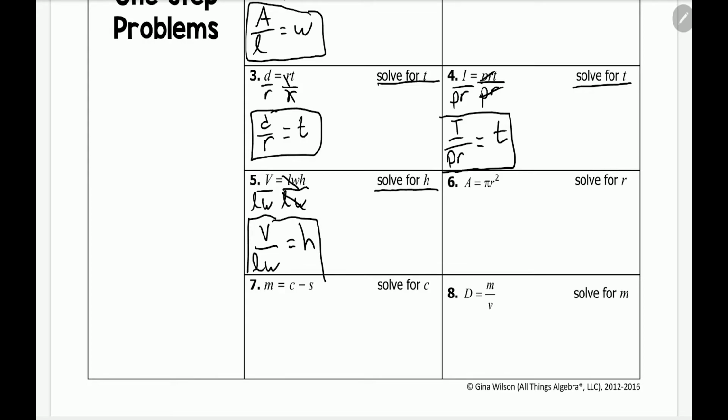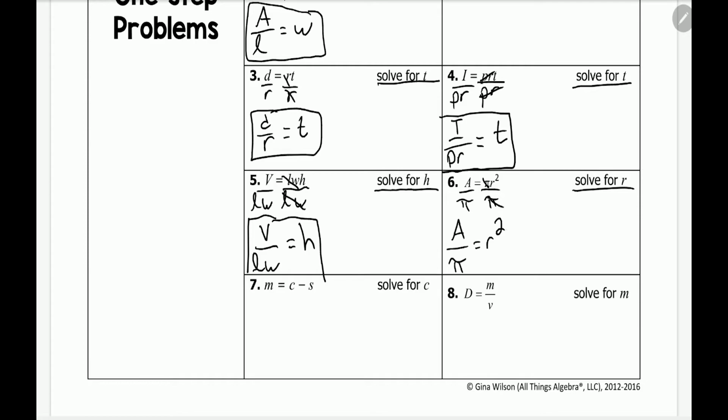All right, number 6. We have A is equal to pi r squared. We're asked to solve for r. So what we have to do, first off, is get rid of pi. So we have to divide by pi. The pi's cancel. We're left with A over pi is equal to r squared.